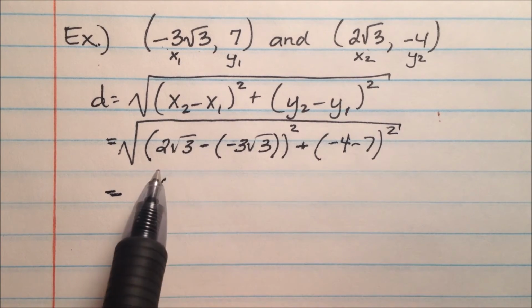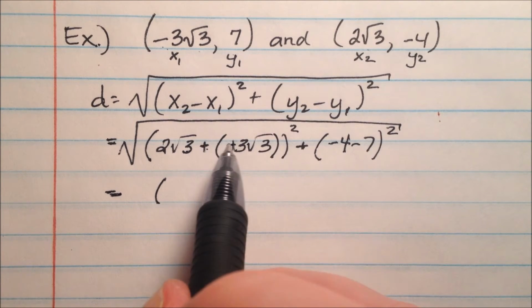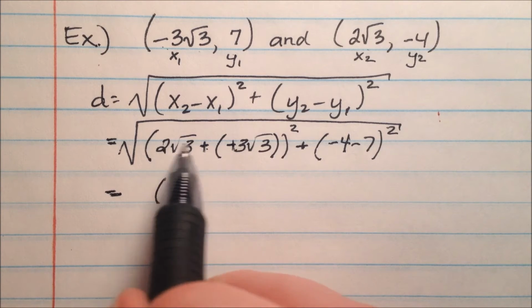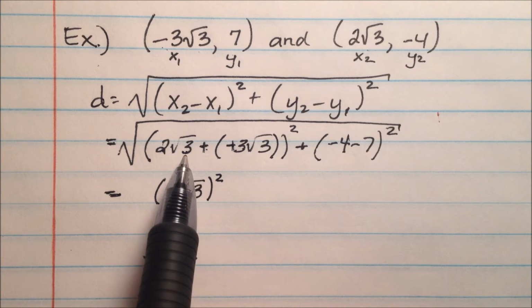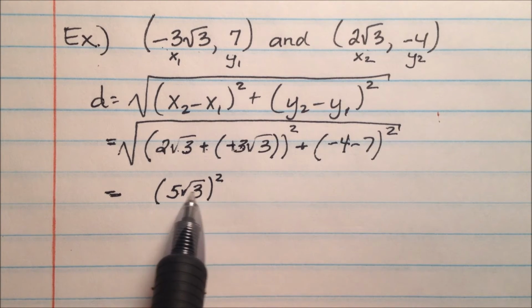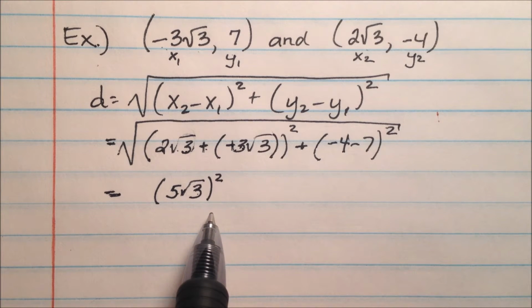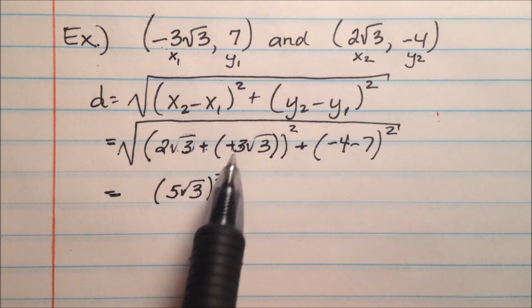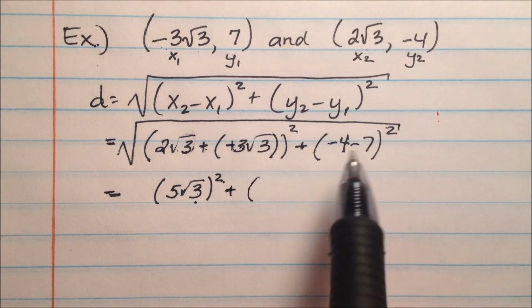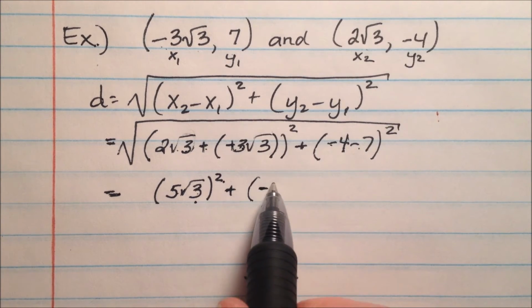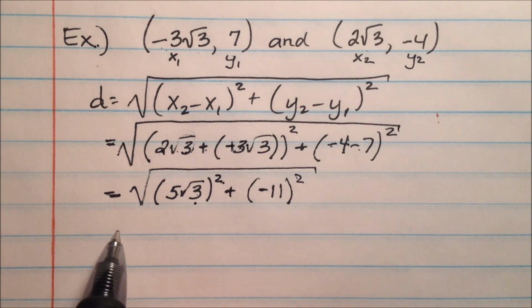So when we look at this, 2 radical 3 minus a negative 3 radical 3, well, when we subtract a negative, we're really adding, and 2 plus 3 will be 5, and the radical 3 is like a like term, so it's like saying 2x plus 3x is 5x, except this radical 3 is the thing we're looking for like terms. So the 2 radical 3 plus 3 radical 3 makes 5 radical 3, and that'll be quantity squared plus, and then a negative 4 minus 7 will be a negative 11, quantity squared, and there we go.